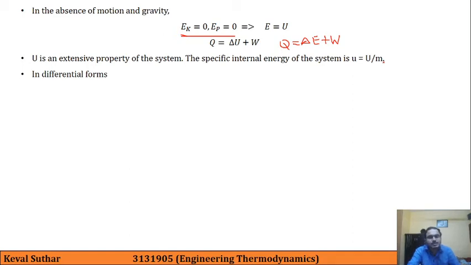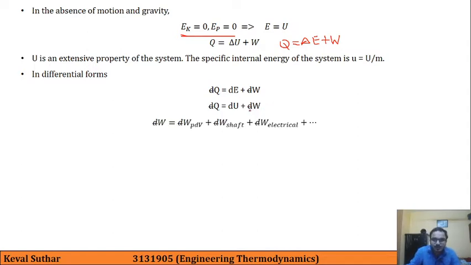Now we can write down the same equations in differential forms, that is, d cut Q is equal to dE plus d cut W. And in the absence of motion and gravity, we can replace capital E with capital U, that is d cut Q is equal to dU plus d cut W. And here d cut W, that is the various work interactions, can be PdV, shaft, electrical and other work transfers.